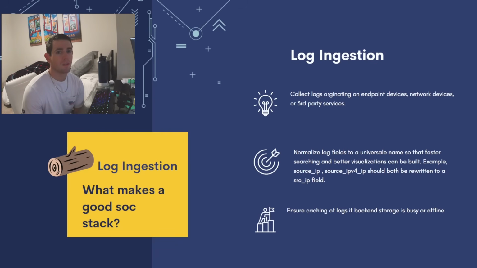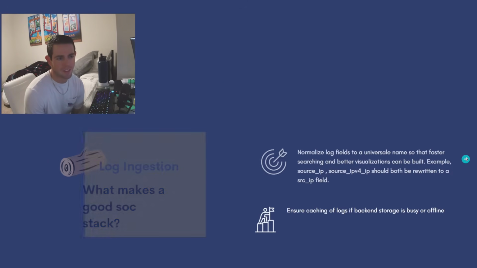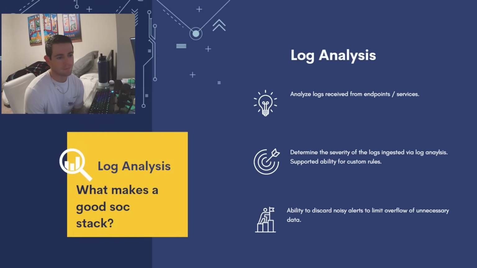Rather than losing visibility into those logs, we need a way to cache them for a period of time until Elasticsearch is healthy, and then we can write all of those logs to Elasticsearch without missing any security related events. So we need a little bit of fault tolerance in there as well, outside of just a multi-node Elastic cluster, which we'll discuss later on.